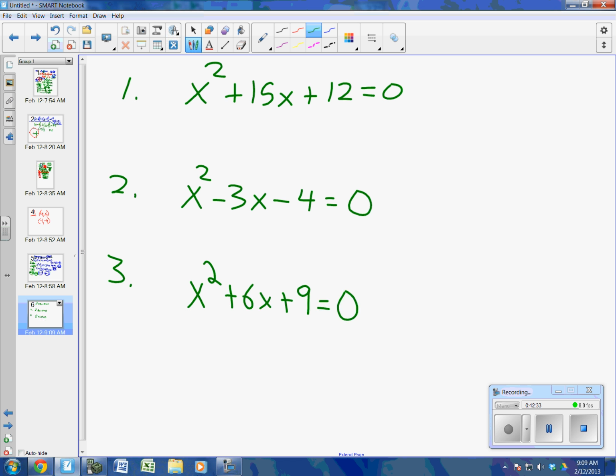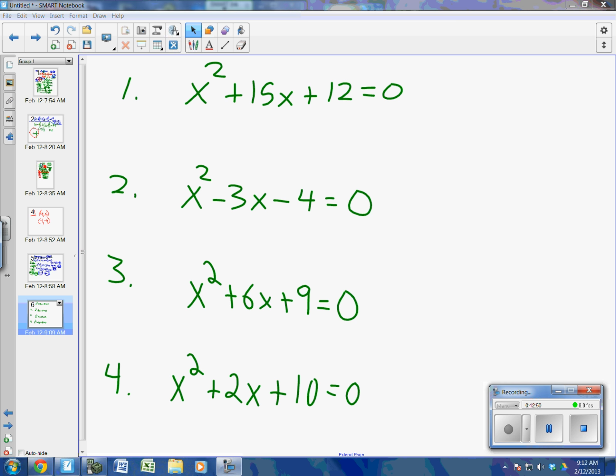I want you to tell me if it has 2 real roots by looking at the discriminant, 2 imaginary roots, or 1 real root. Okay, I added a 4th one, so do that one as well.